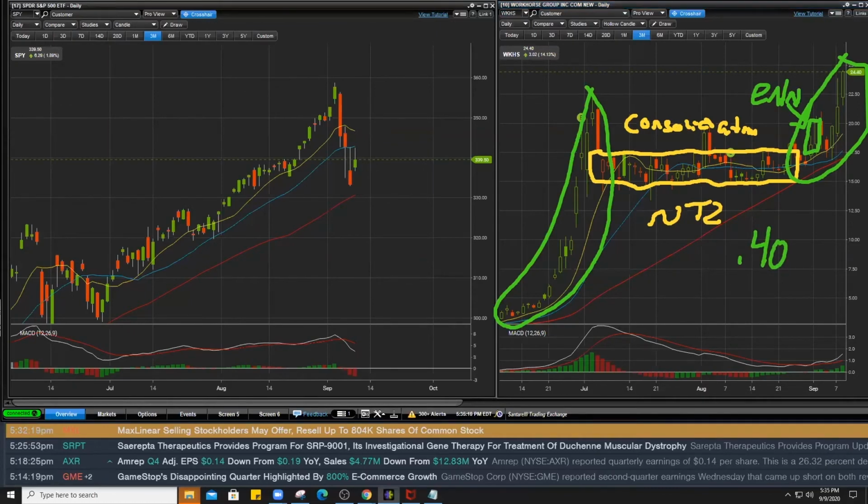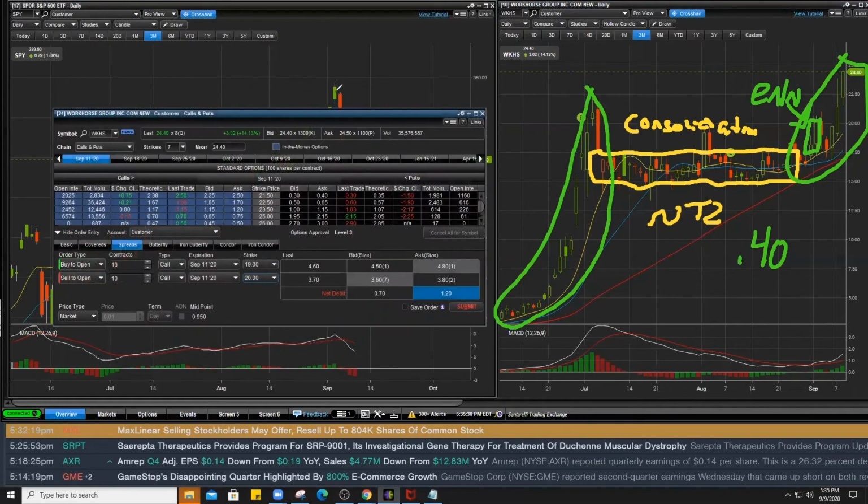Let me bring it up. We had the 19-20 vertical spread on Workhorse, right? So right here was the trade we got on Workhorse.